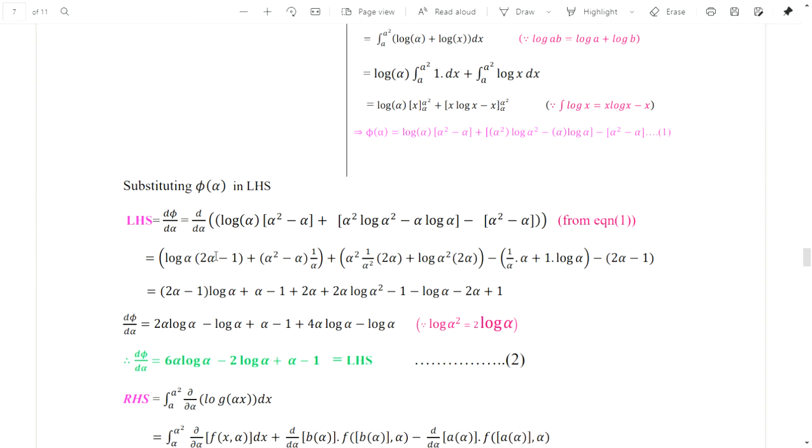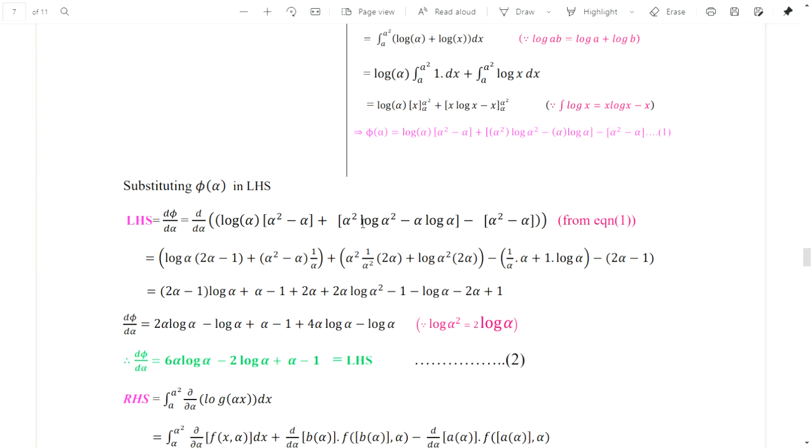Differentiation of alpha squared is 2 alpha minus differentiation of alpha is 1 plus alpha squared minus alpha I written as it is into differentiation of the first function, that is log alpha. Differentiation of log of alpha is 1 by alpha. So, this is the differentiation of this function plus.